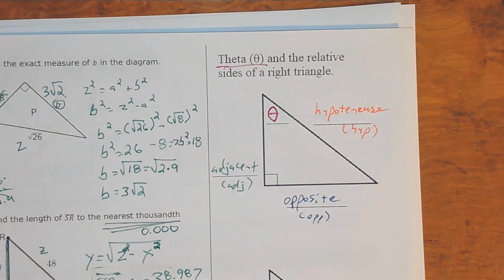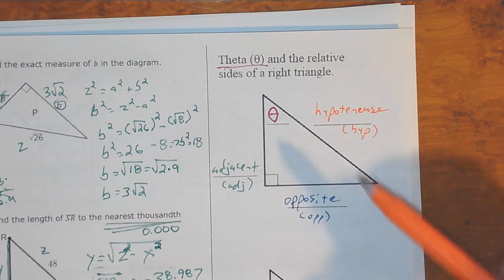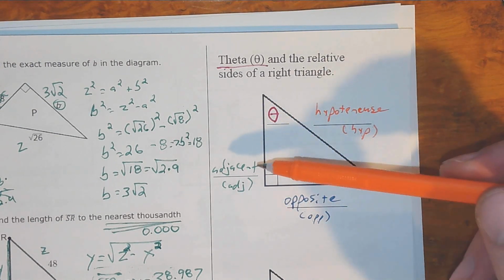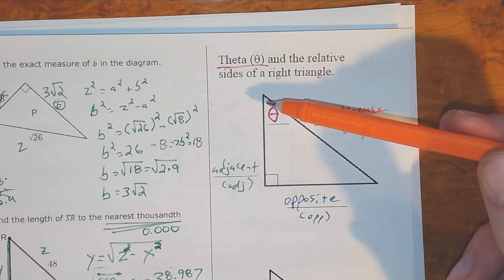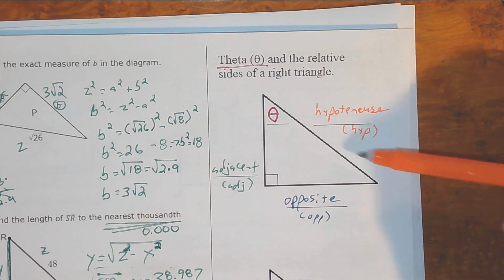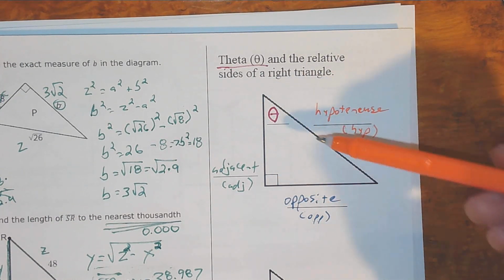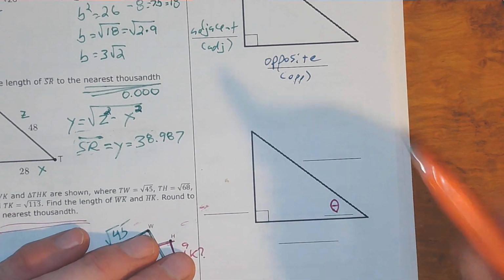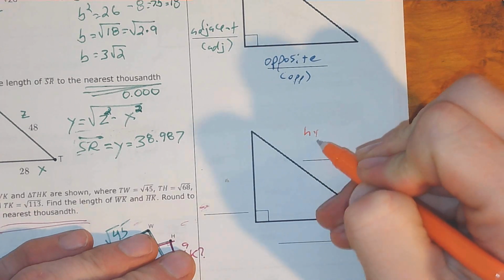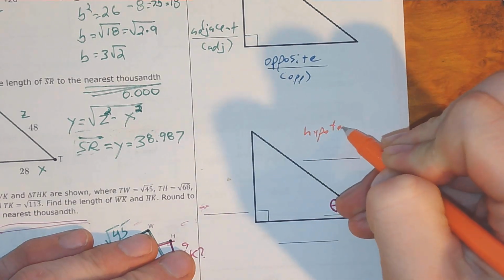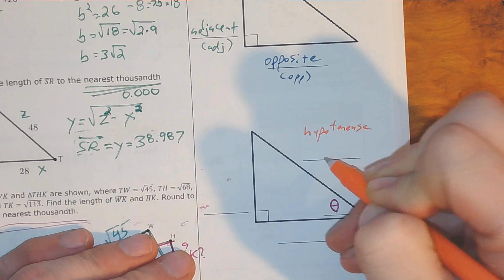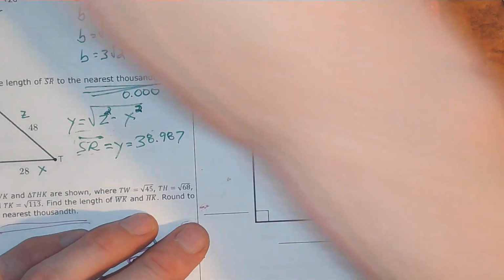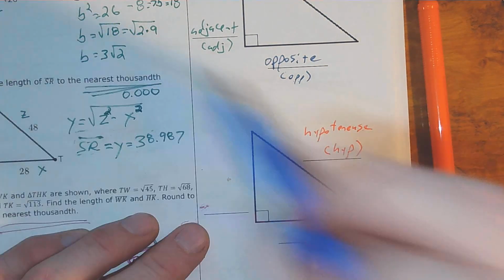We talked about this over here. There are two legs, the opposite leg and the adjacent leg, and the hypotenuse is always the one opposite the 90-degree angle. If we're talking about this other triangle, the hypotenuse is the same one, but the opposite and adjacent are changing.